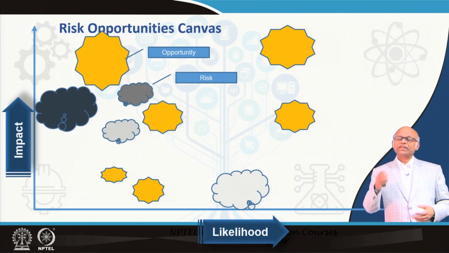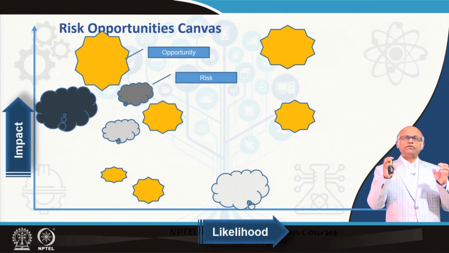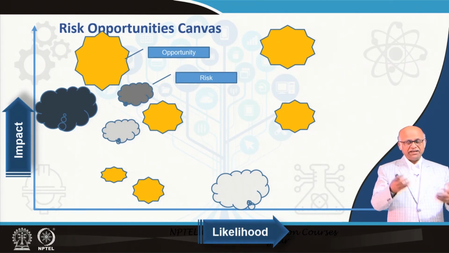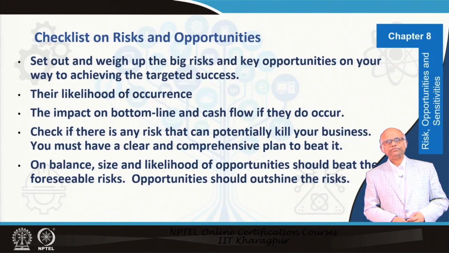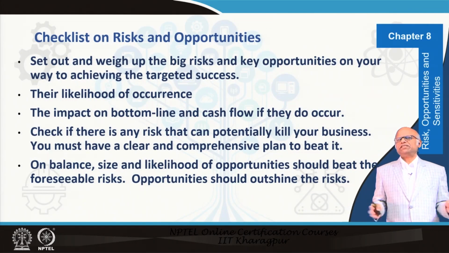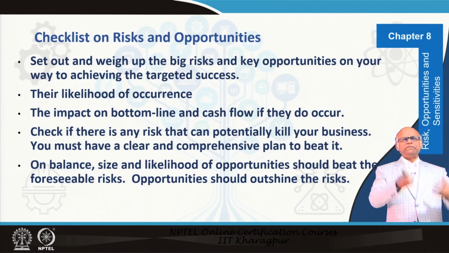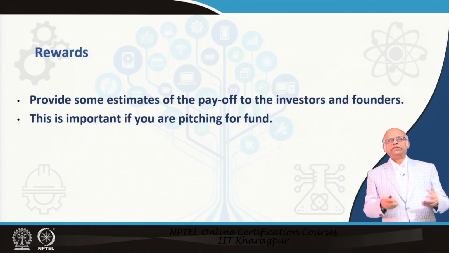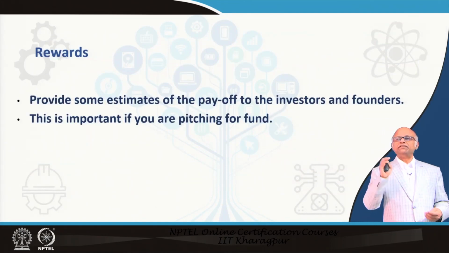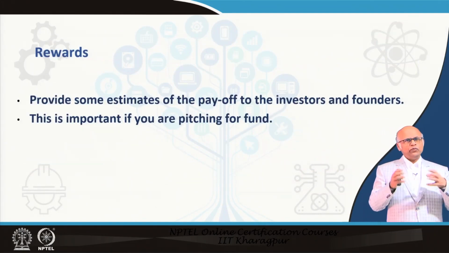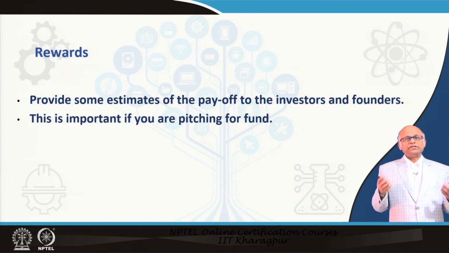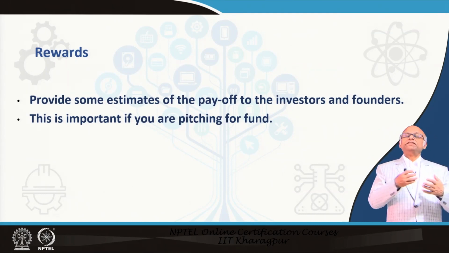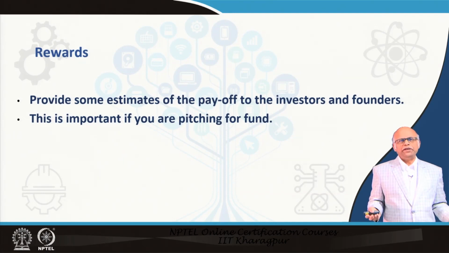In a graph, your audience will know that you are familiar with risk and return, and here they are. Create a checklist on risks and opportunities and present everything on this graph, whether they are likely to happen or not likely to happen. As I said, reward must be very well articulated, because this is the information that investors are interested in. What is the payoff?